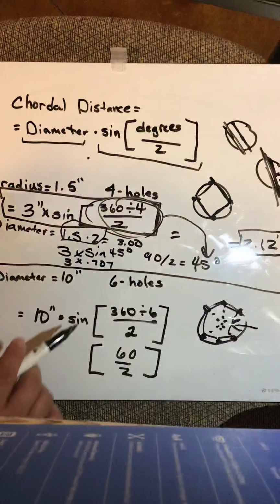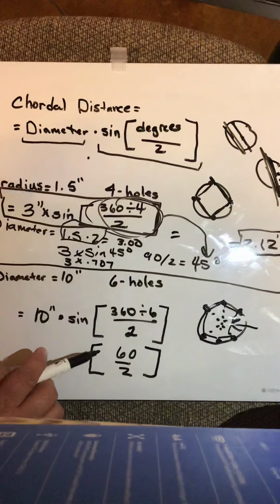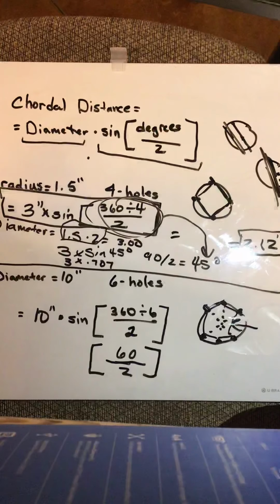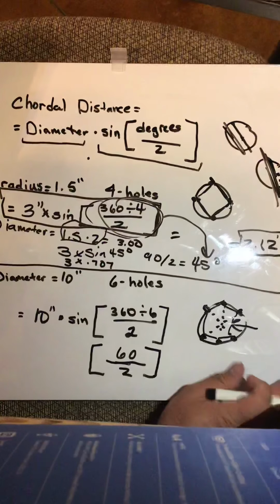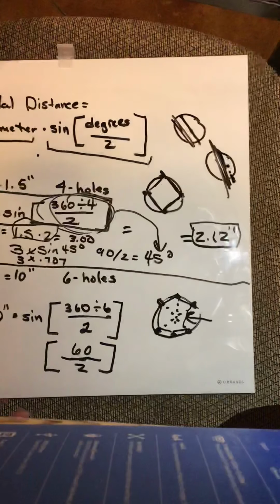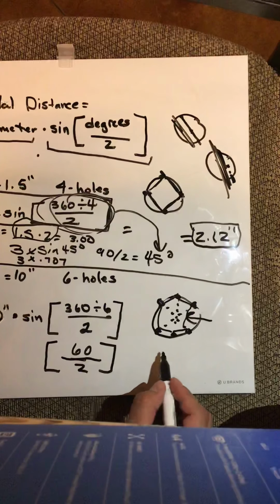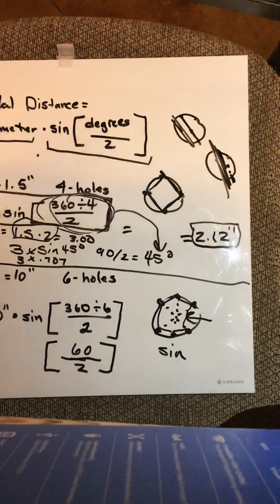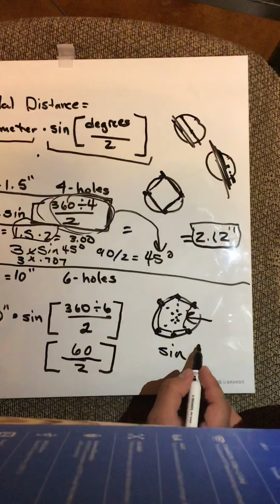I'm going to divide it by 2. What is 60 divided by 2? Of course, it's going to be 30. So this is going to be the sine of 30 degrees.